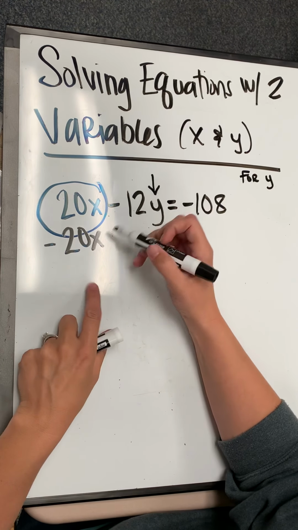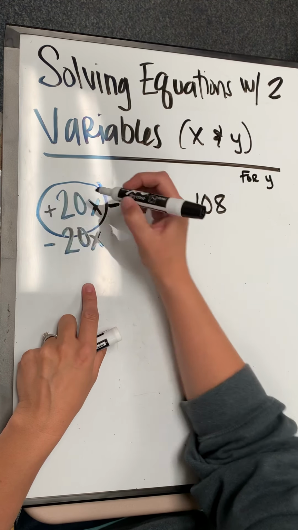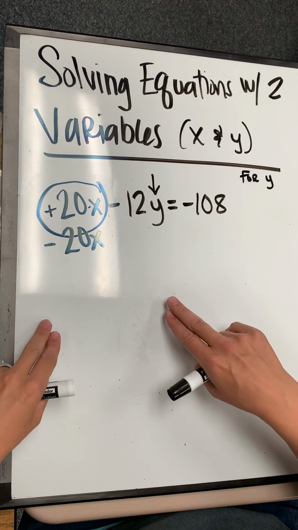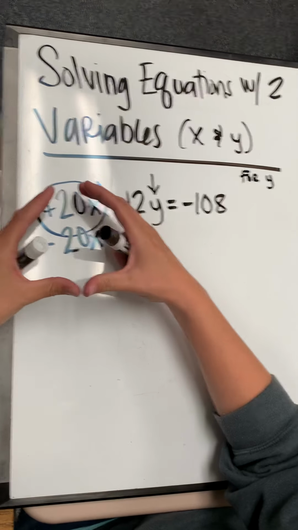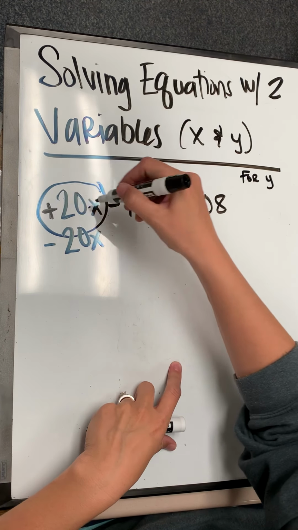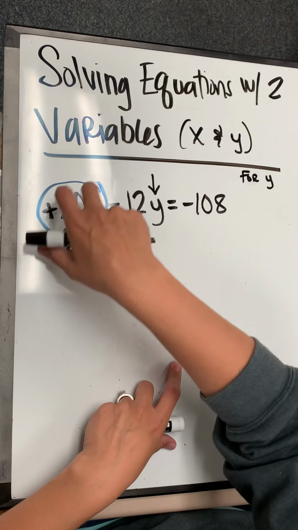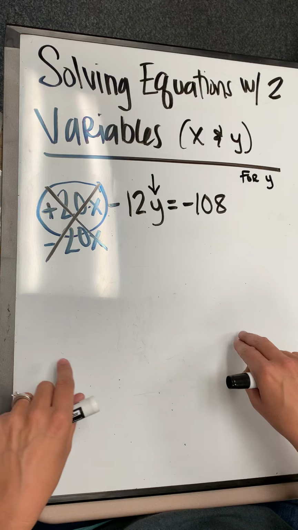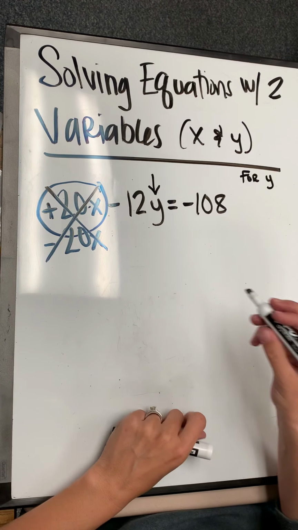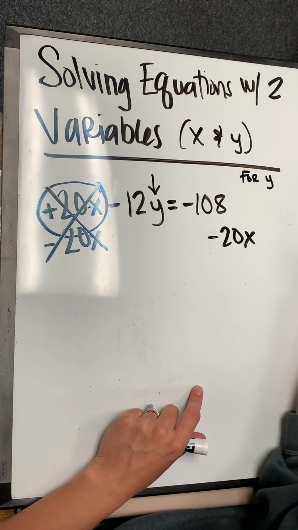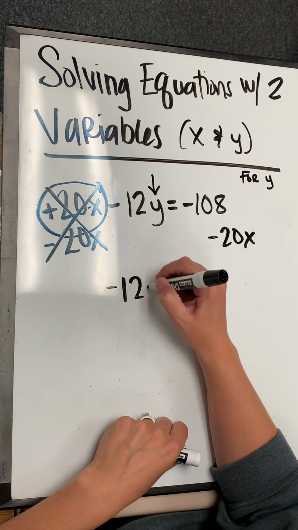And I wanna point out that I'm doing the opposite of adding and not the opposite of timesing, because I'm not trying to separate my 20 and my x, I'm moving them together. So because of that, I move them by subtracting 20x so they stay together, okay? If I was trying to separate my 20 and my x, I would divide, but I'm not. So I minus 20x from that side, so I'll minus 20x from this side.